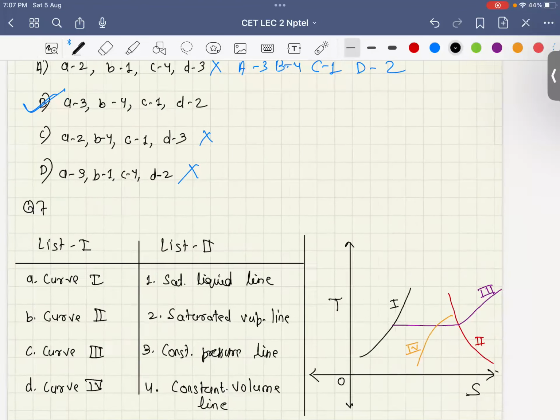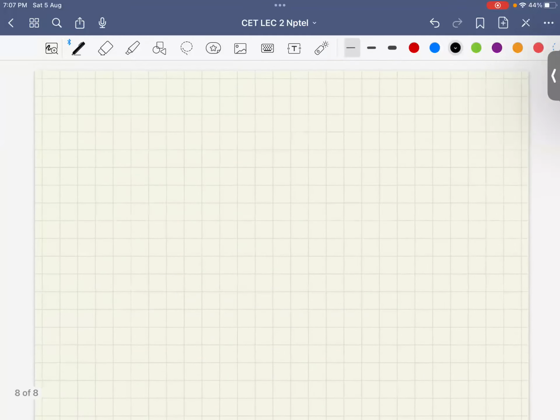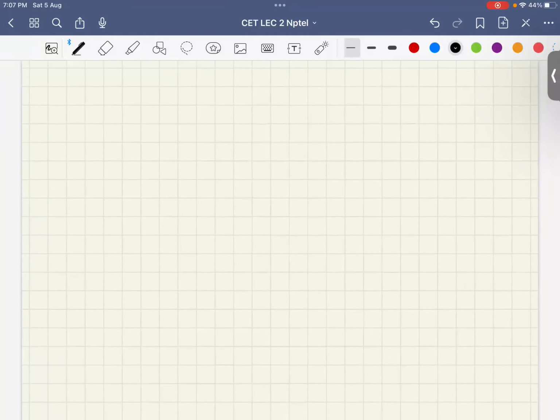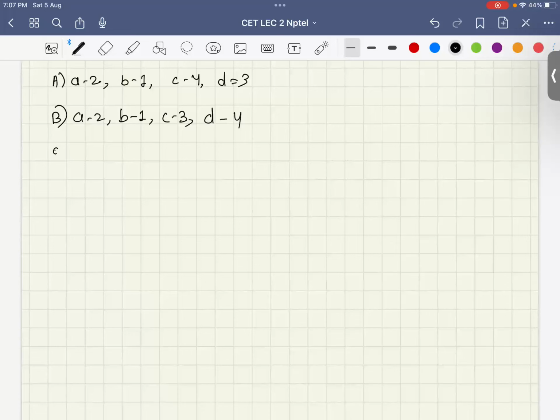Right? And the options for these are: option A is A is 2, B is 1, C is 4, D is 3. Option B is A is 2, B is 1, C is 3, D is 4.